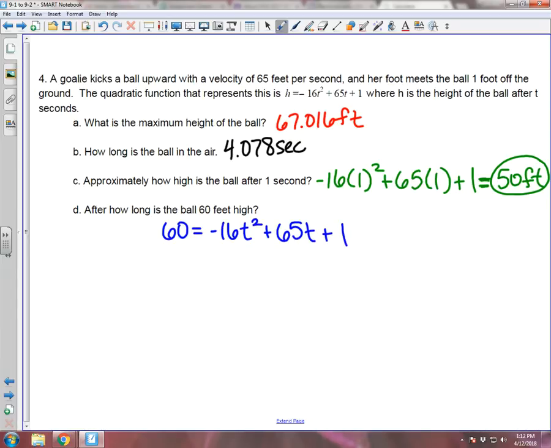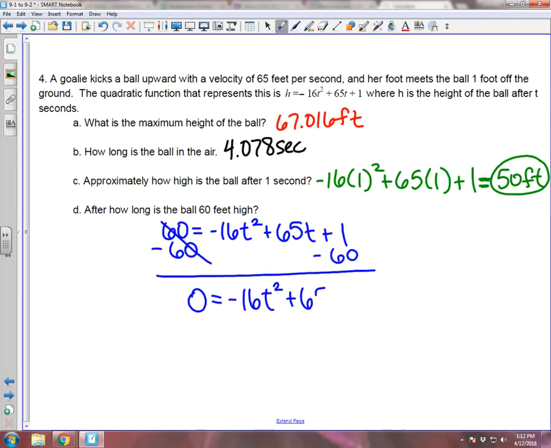Everybody good here? But you should know, if I want to graph this, it's got to be equal to 0, doesn't it? So I'm going to move this 60 over. 0 equals negative 16t squared plus 65t minus 59.